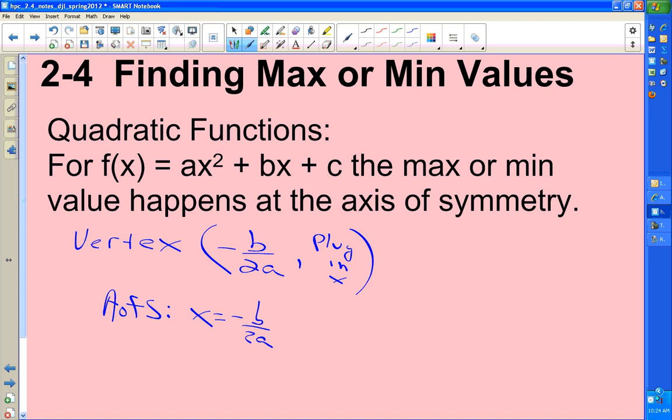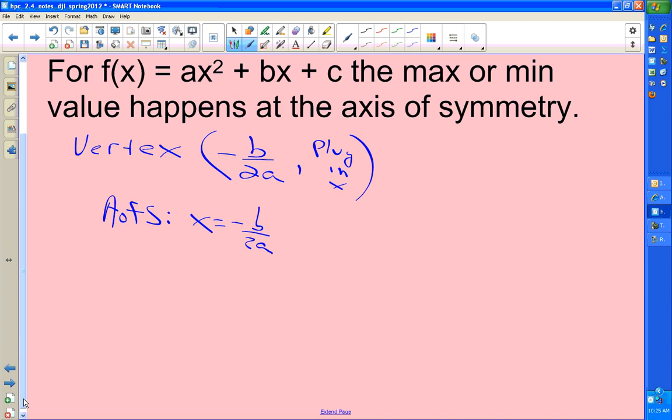But we can find that value, the opposite of b over 2a, other ways, depending upon which form you're in. So if you remember f of x equals a times x minus p times x minus q, what form is that? That's intercept form. Very good.